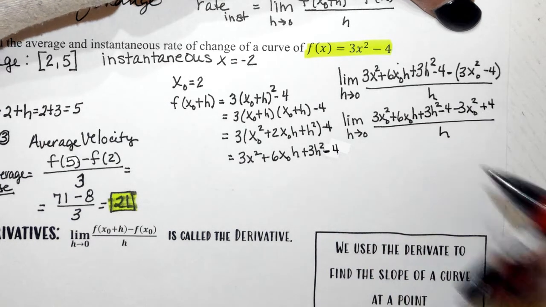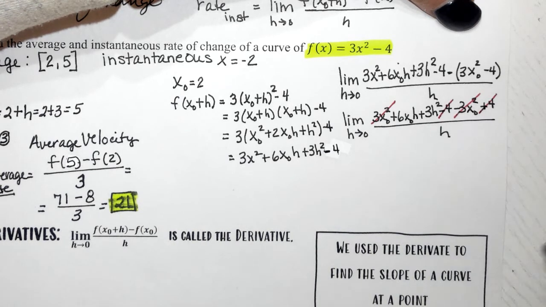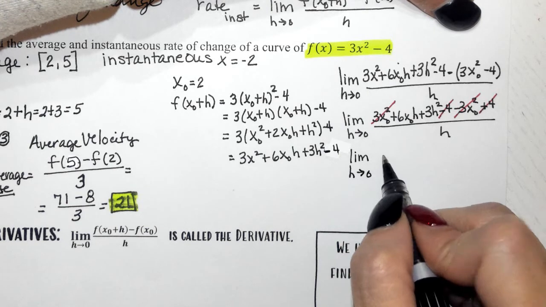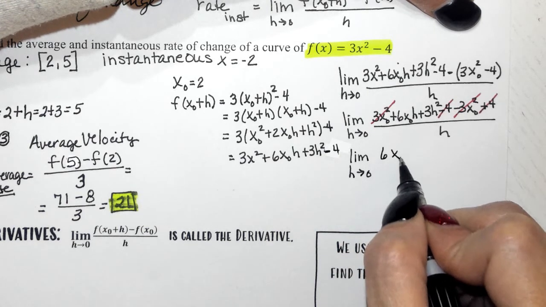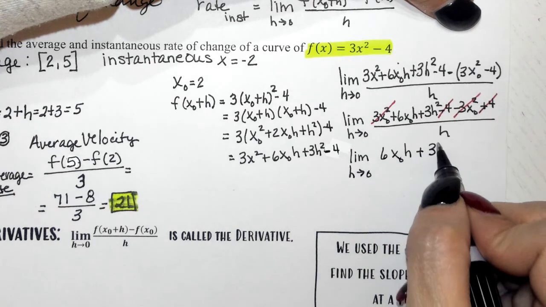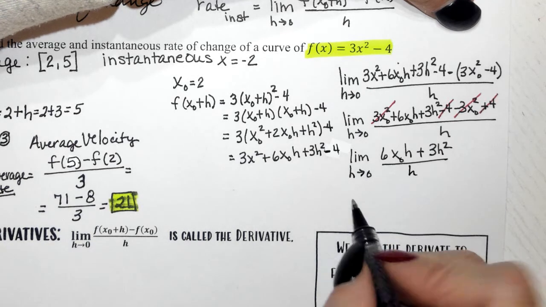Let's see what marks off. Okay, the 3x squareds are gone. The 4s are going to be gone. So I'm going to get the limit as h approaches 0 of 6x naught h plus 3h squared all over h.